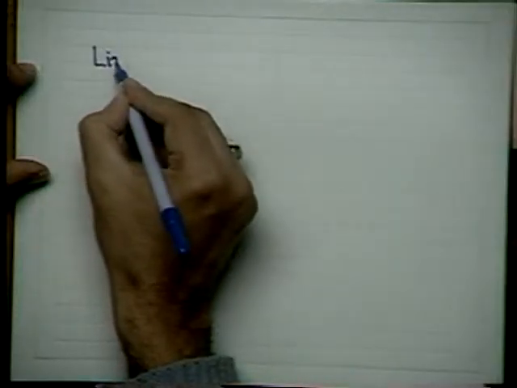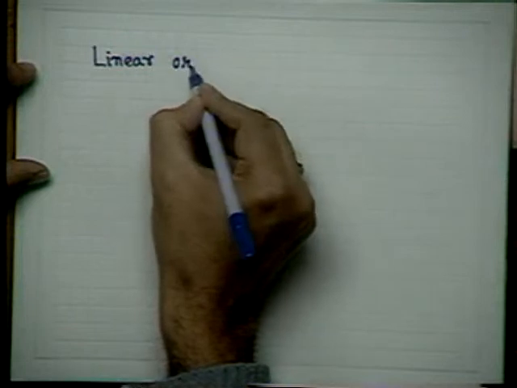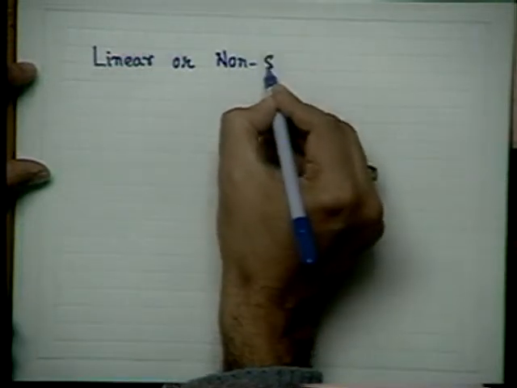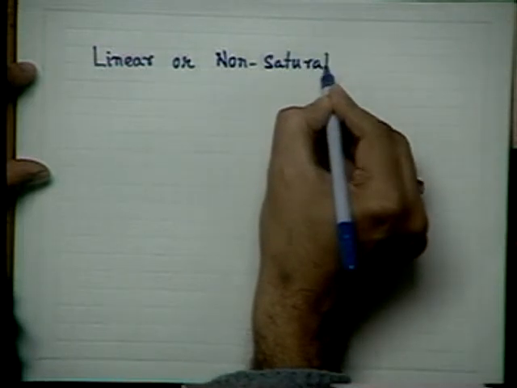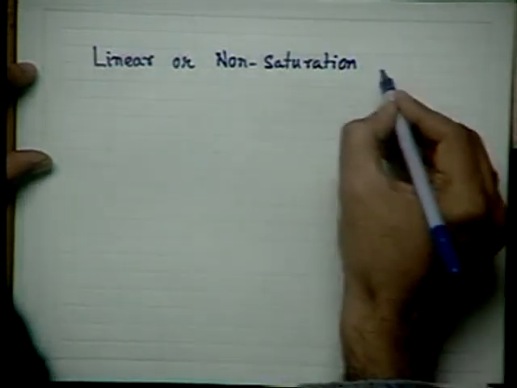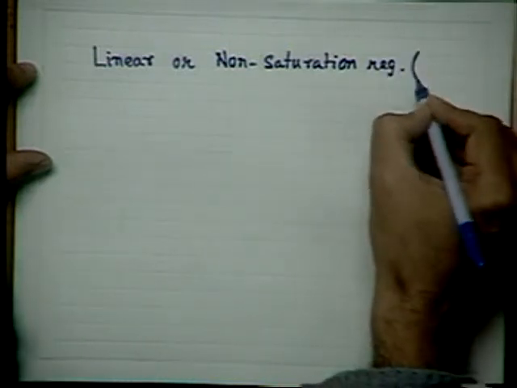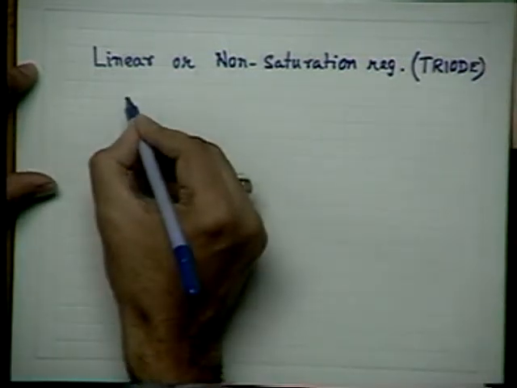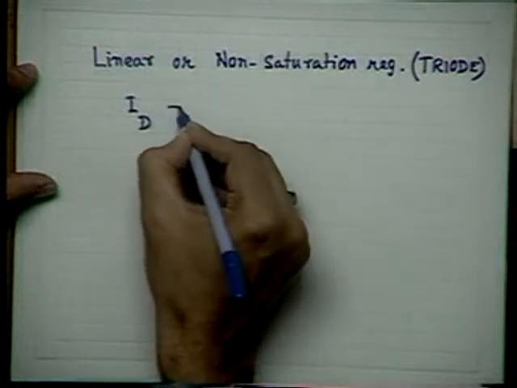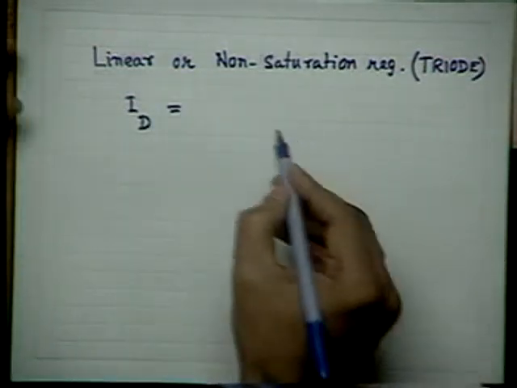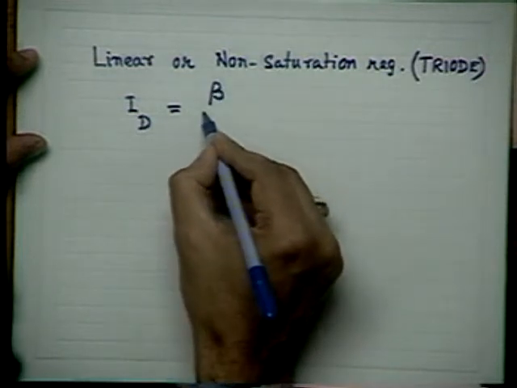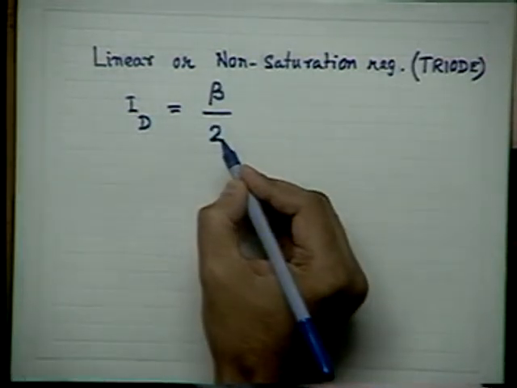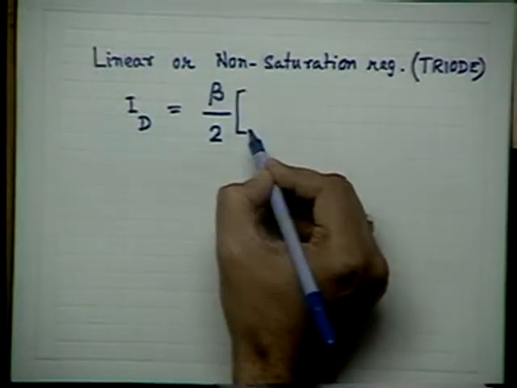Now, a transistor, when in linear or non-saturation region, also called triode region, the relationship between ID and VDS and VGS is something like this.